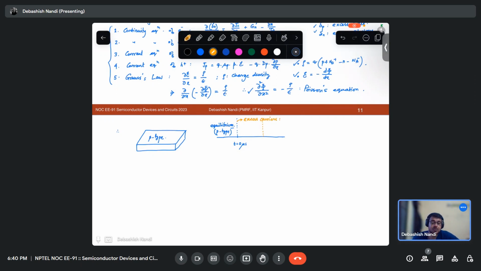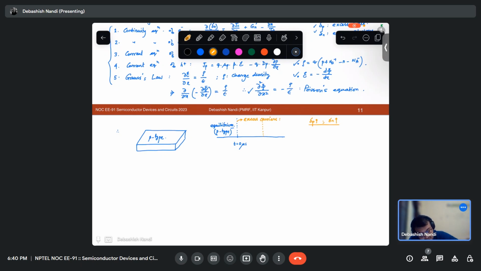Depending upon what kind of source it is, there may be electrons, holes, and electron-hole pairs. Suppose it is a light source. Light will fall upon the semiconductor and create electron-hole pairs. That means delta P will also increase and delta N will also increase. These are called excess carriers.